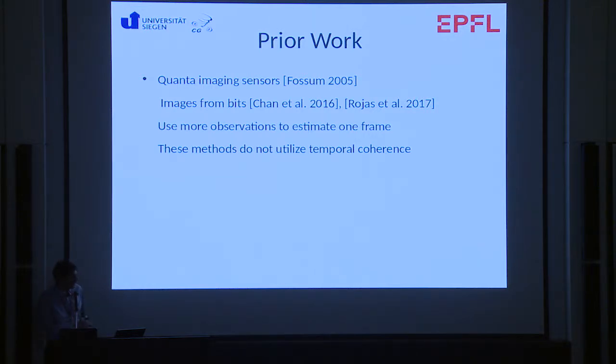Even there, in those methods, they first generate a slightly better image by averaging a few frames, or it's mainly similar to image denoising or video denoising methods. So they also need multiple observations to estimate one frame.